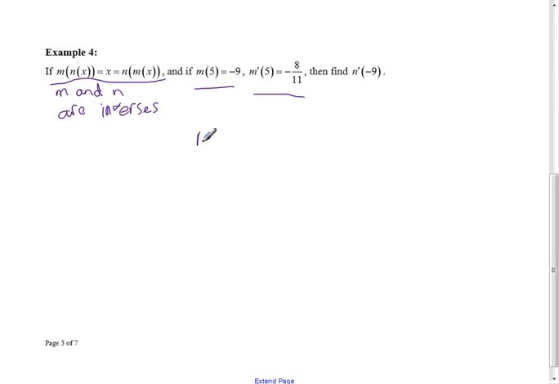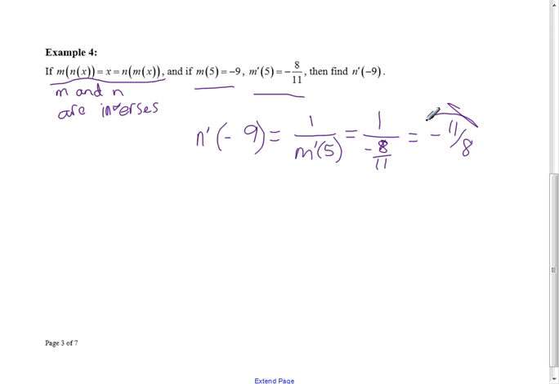If m and n are inverses, then we know that n prime of negative 9 is going to equal the reciprocal value of m prime of 5. And substituting the values that we have in, 1 over negative 8/11, just the reciprocal of that value, which would be negative 11/8.